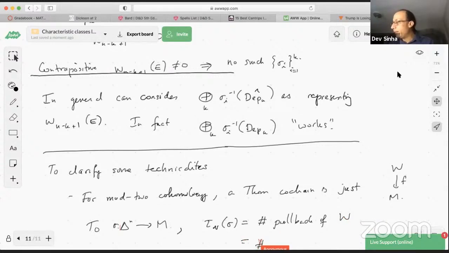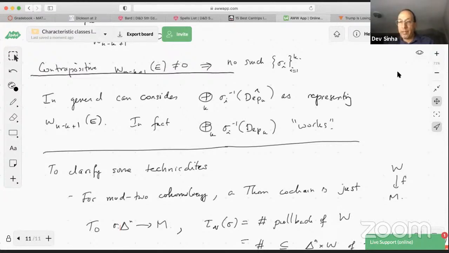It's the subset of delta n cross W of pairs T, little w, so that sigma of T is f of W.